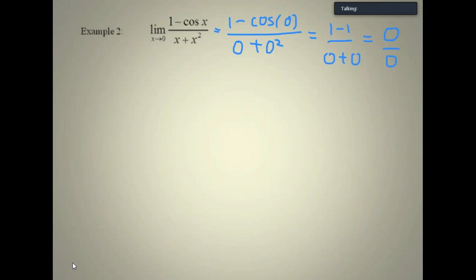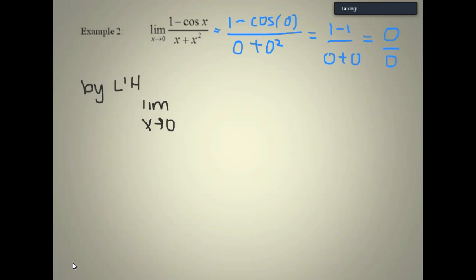So then you say, by L'Hopital, the limit as x approaches 0, the derivative of 1 is 0. The derivative of negative cosine is positive sine.